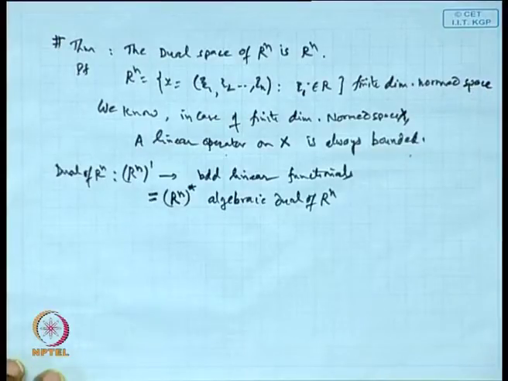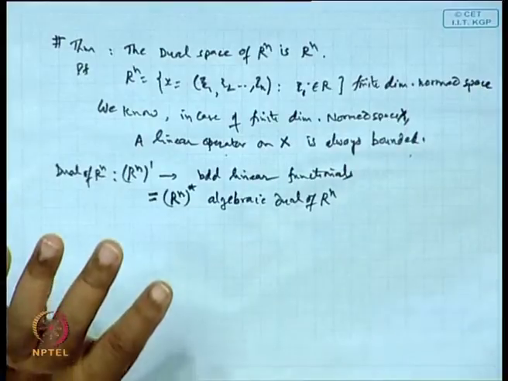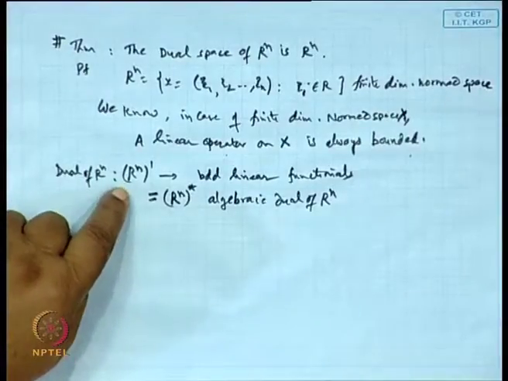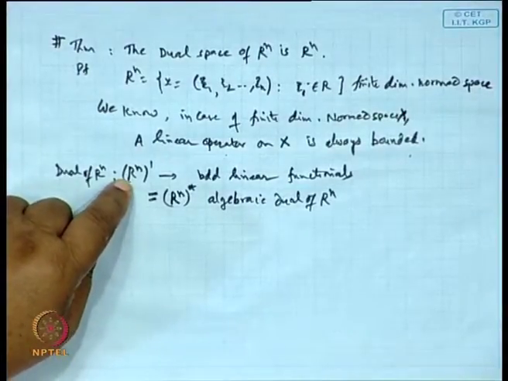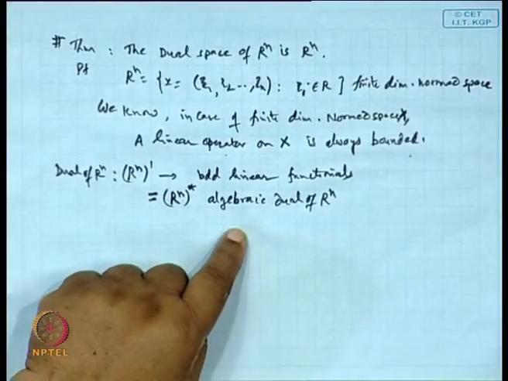Algebraic dual means the set of all linear functionals defined on R n. It forms a vector space, it forms a normed space, and we say it is the algebraic dual. So, in the case of a finite dimensional space, the set of bounded linear functionals will give the same set as the set of linear functionals.